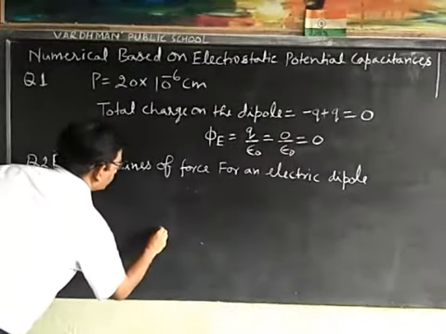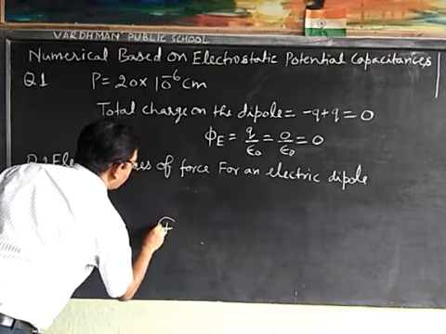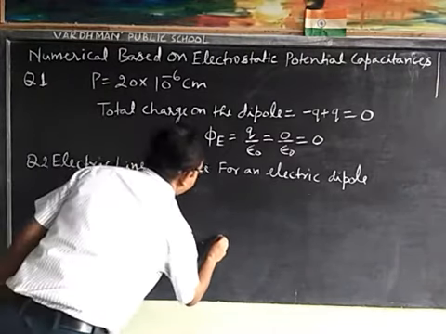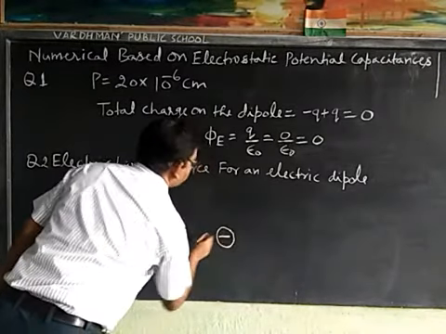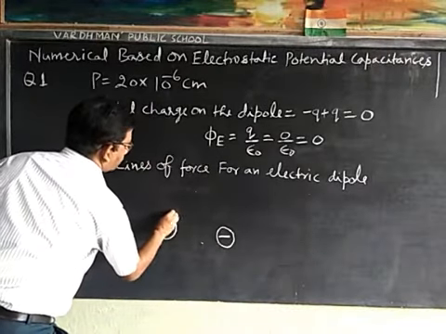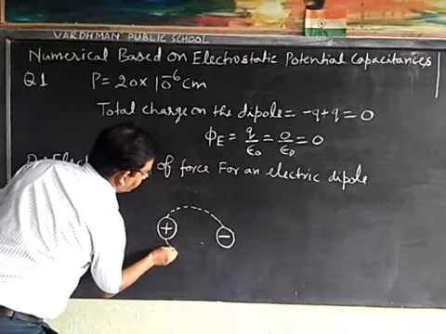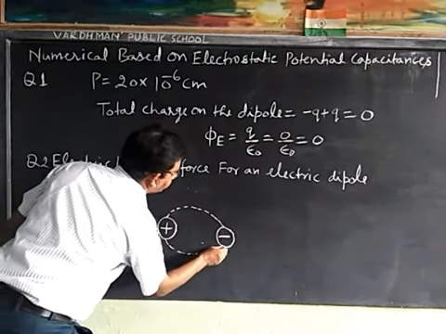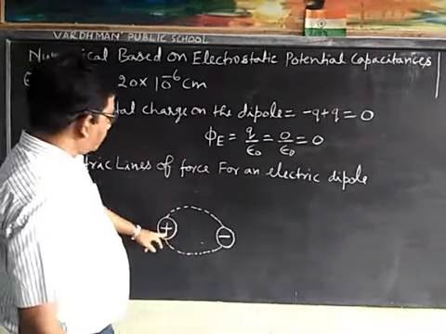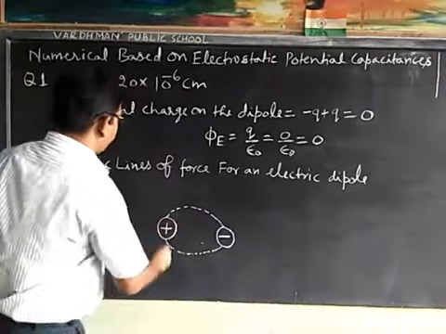Now suppose this is the positive charge and this is the negative charge. Electric lines of force start from the positive charge and end at the negative charge. A dipole consists of a pair of equal and opposite charges.